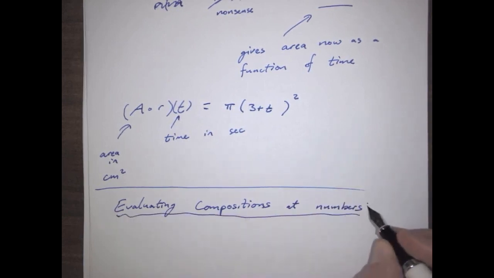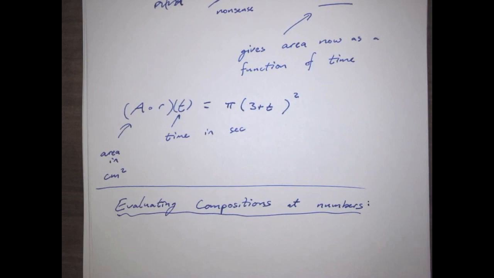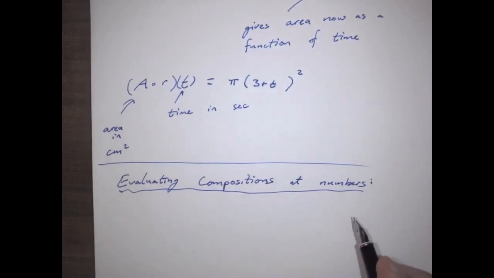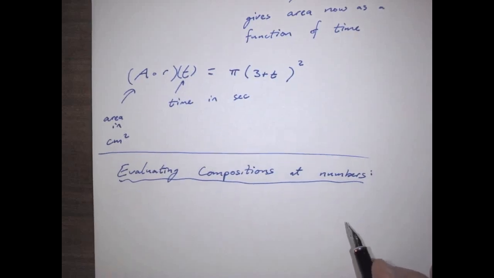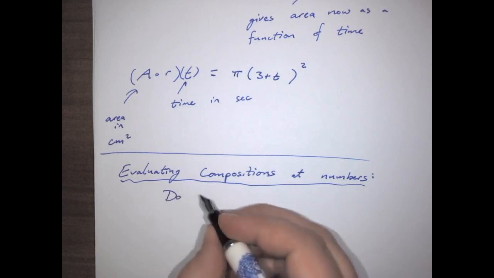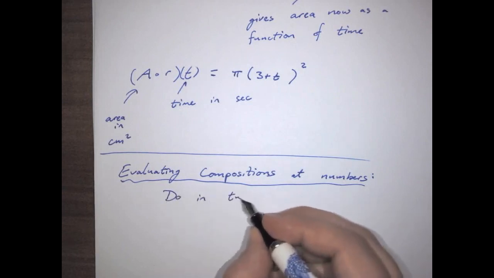So this is going to be the first task, and we'll look at it from a few different perspectives. 1, formula. 2, graphs. 3, tables. And this is where we are going to be plugging in numbers for the x, and we're going to be trying to get the value of the composition. So do this in 2 steps.